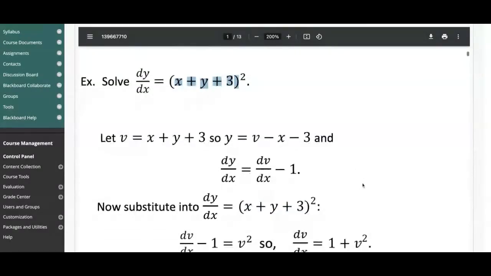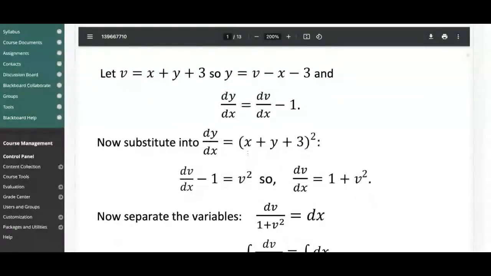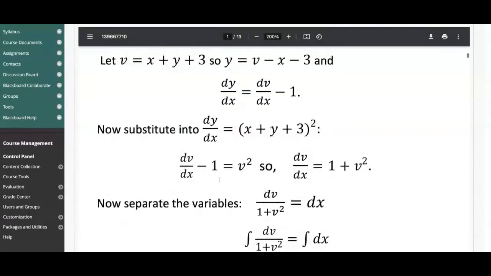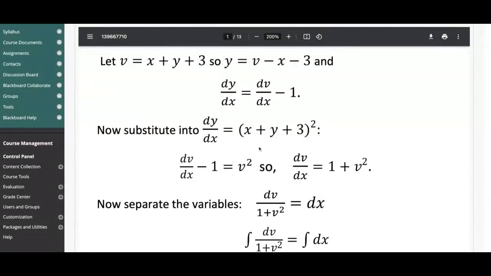Remember we named this v, so we have v squared equals dv/dx minus 1. Then dv/dx equals v squared plus 1.